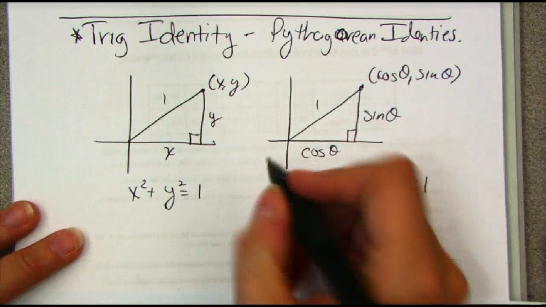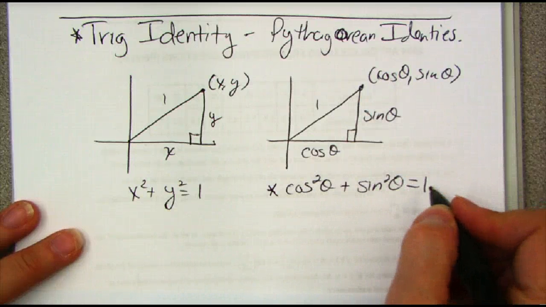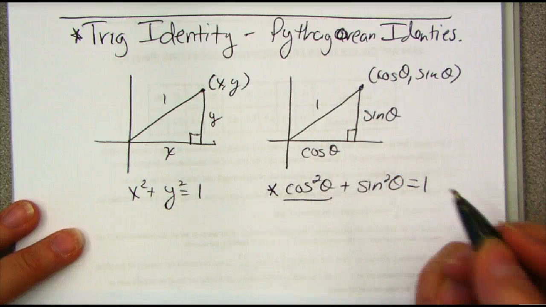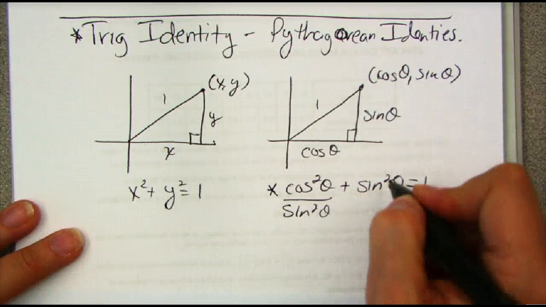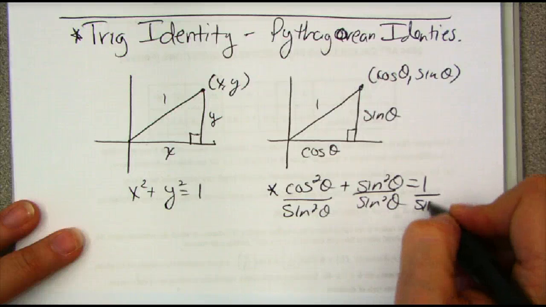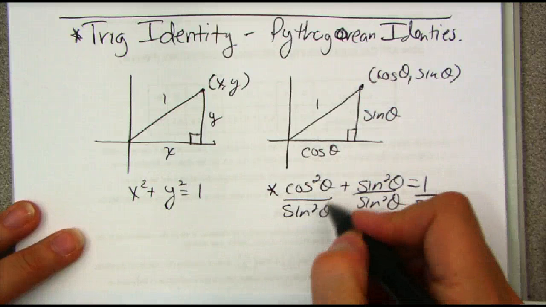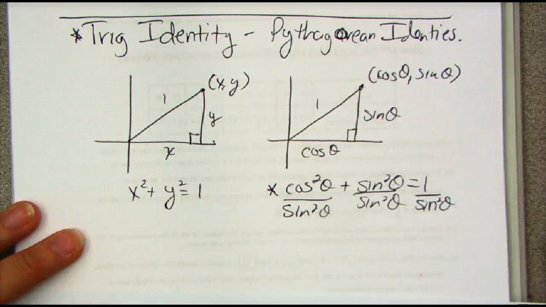So this is our first one. I'm going to come up with another one. I'm going to take this, and I'm going to divide it by, let's say, sine squared theta. I'm going to divide it all the way across. What I do to one side, I can do to the other. On both sides, I'm dividing by sine squared theta. So let's clean this up. What's cosine over sine?